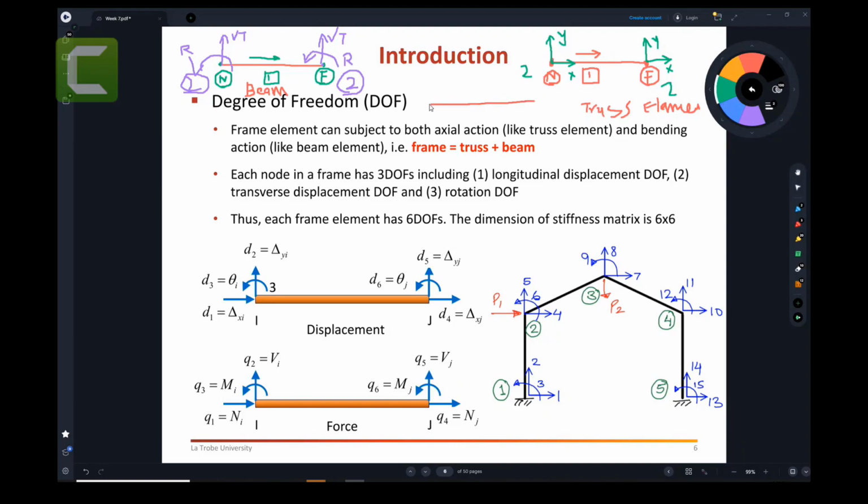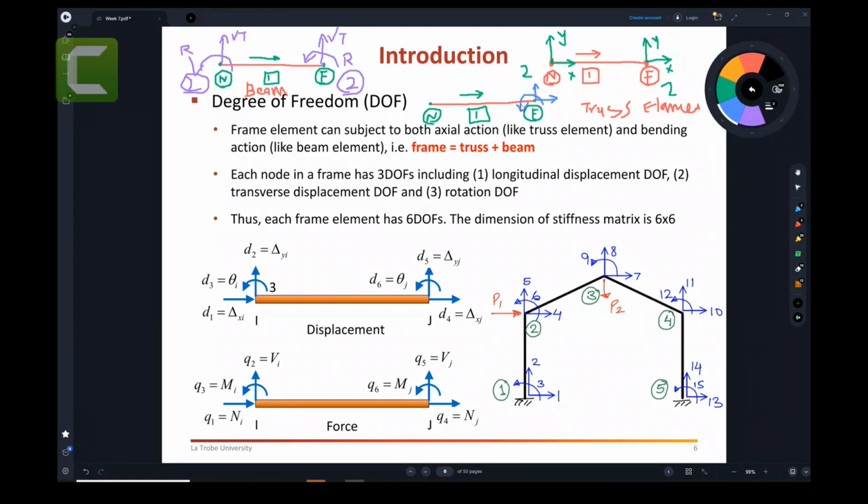Again, the same concept. It has an element number 1 and an arrow to show this is the near node and this one is the far node. Now for the frame, this point can go left and right, up and down, and it can rotate.